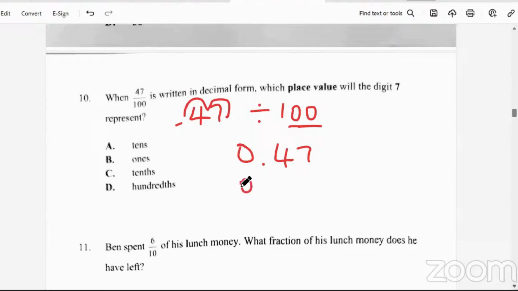So the numbers now after the point, moving this way, this would be the tenths, and this would be the hundredths, okay? With the th on it. Make sure that's clear, the th on it. So the 7 is in the hundredths place, okay? So the answer is D.